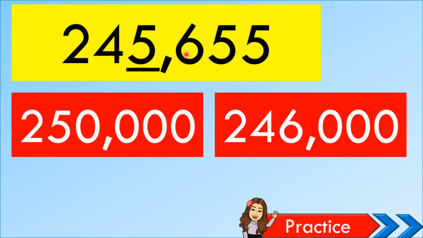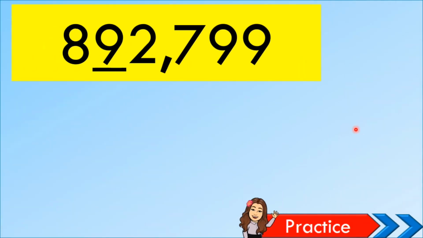Since the next digit after 5 is 6 and 6 is greater than 5, you have to add 1 to digit 5. So it will become 6 and change all the remaining numbers into zeros. So obviously the answer will be 246,000. Correct.